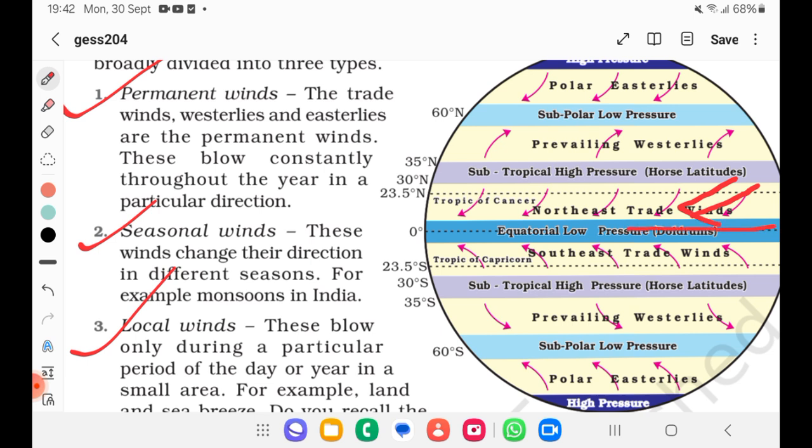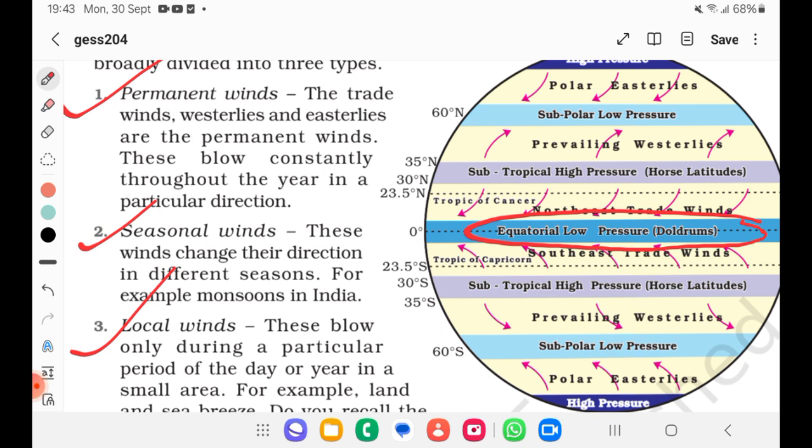This is the equator. So this pressure belt is called the doldrums. It is an equatorial low pressure area, and this has a low pressure. So from high pressure the wind has to move to low pressure, right?